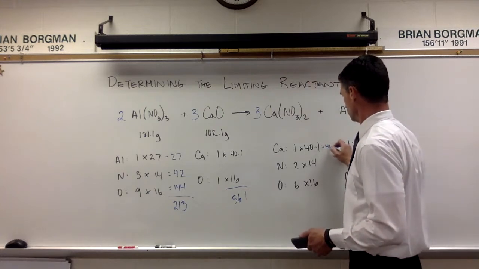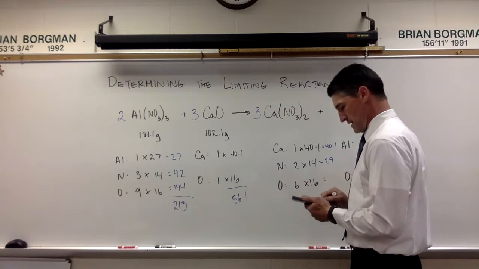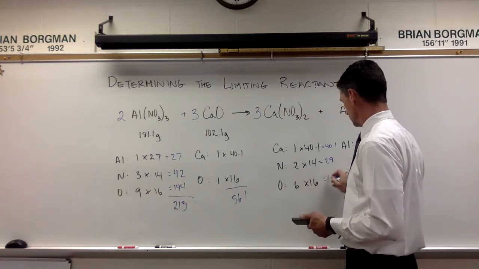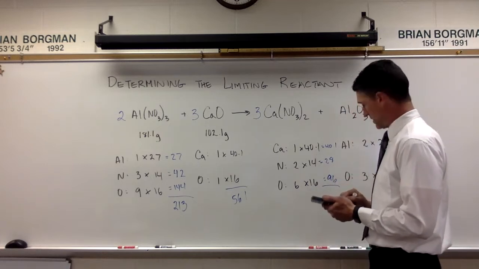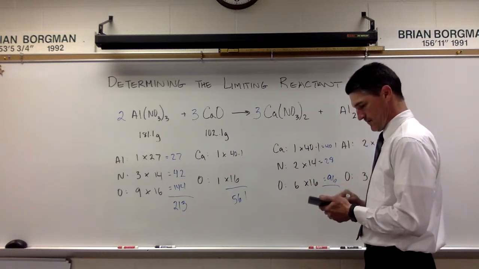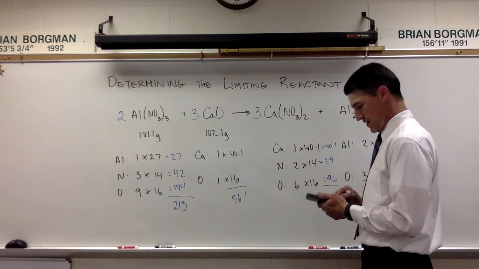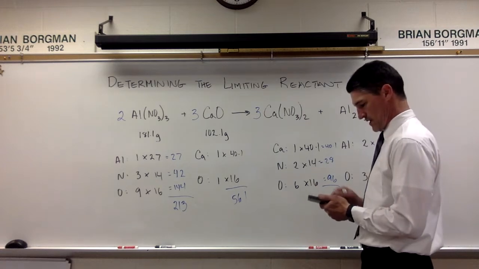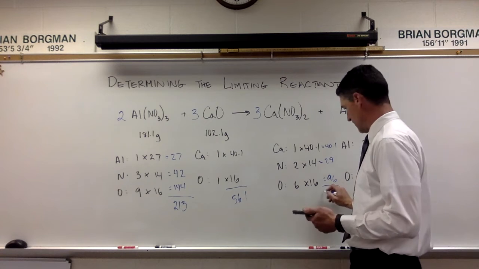40.1. This is going to be 28. 16 times 6 is 96. Add those up. So 96 plus 28 plus 40.1, I type that in wrong. 40.1, not 4.1. 40.1 plus 28 plus 96 is 164.1.